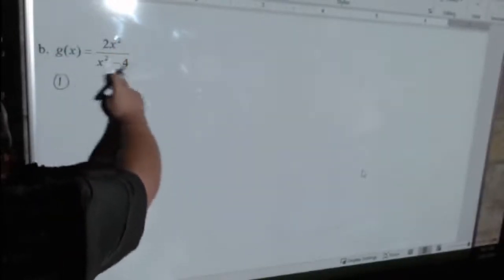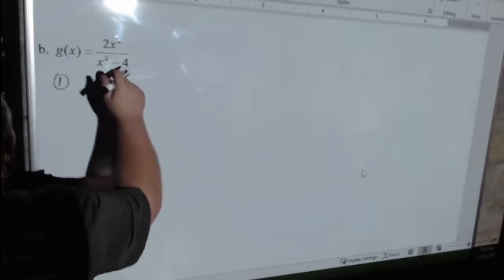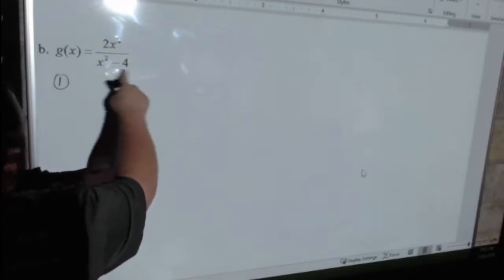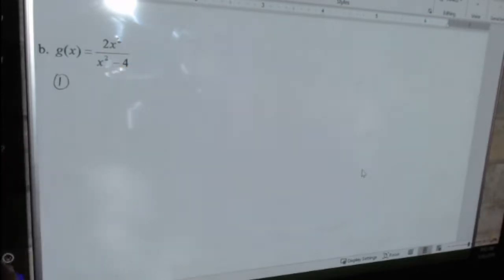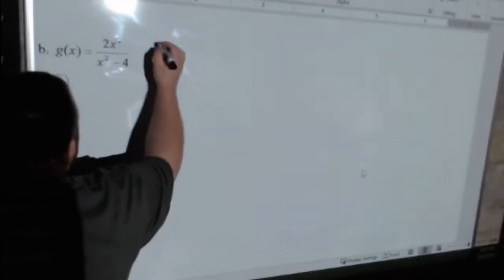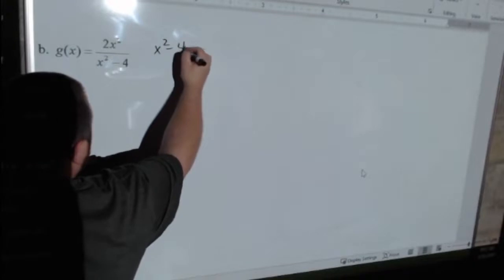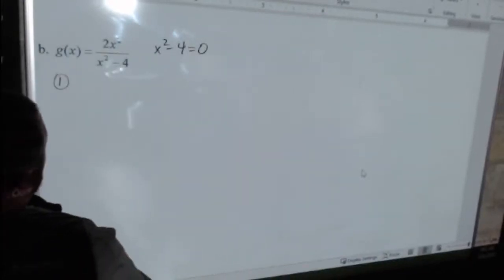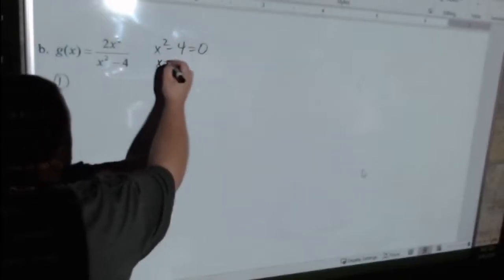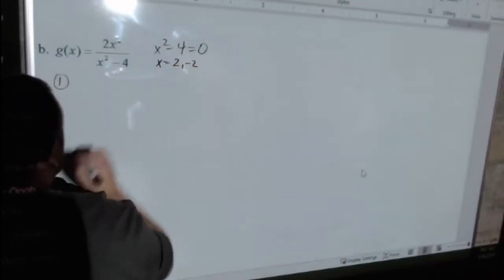This is a rational function. So really the only restrictions here are in the denominator. So I need to set x squared minus 4 to 0. And so that's going to give me x equal 2 and negative 2.